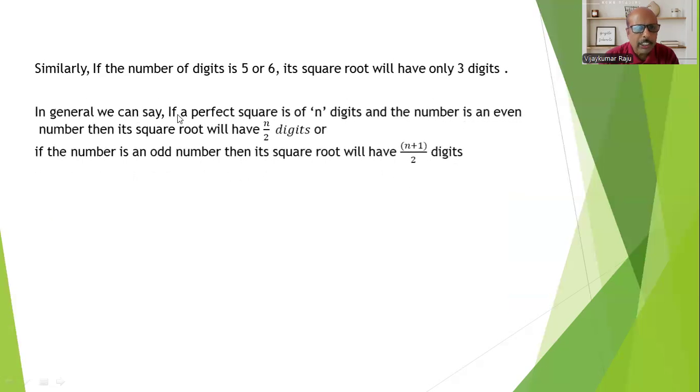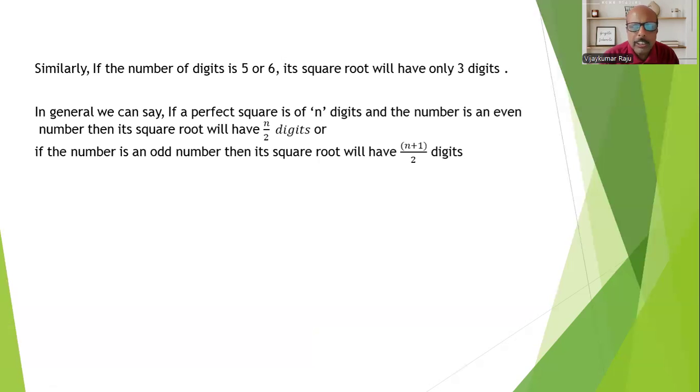In general, if a perfect square has n digits and n is even, then its square root will have n by 2 digits. If n is odd, then its square root will have (n plus 1) by 2 digits. Understood?